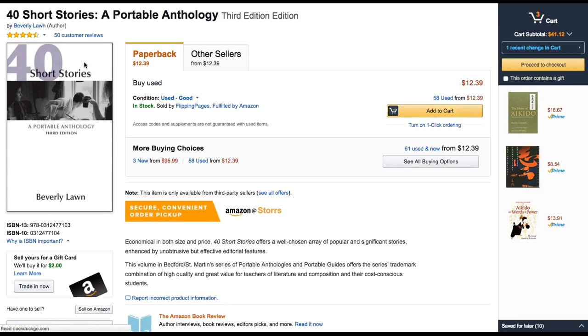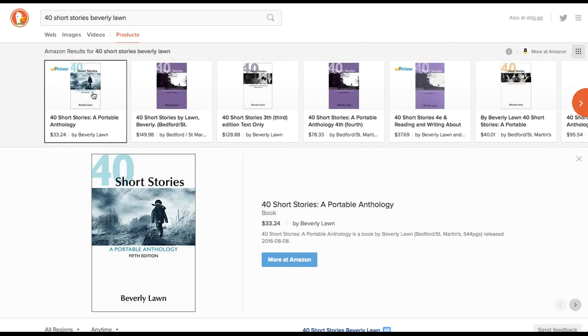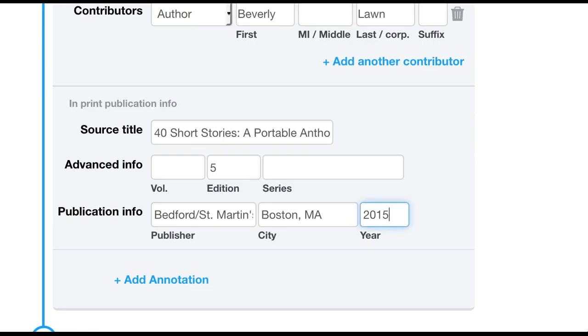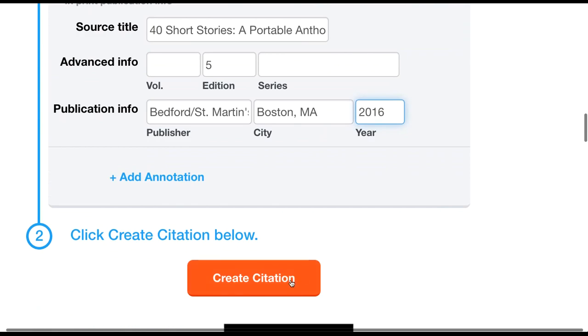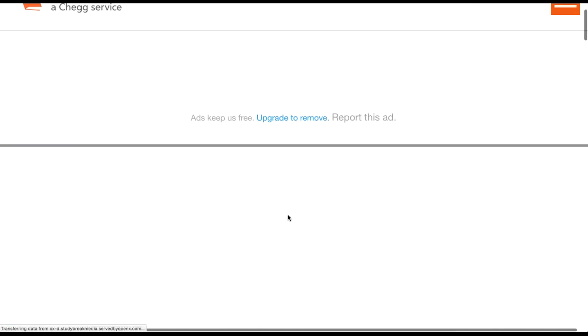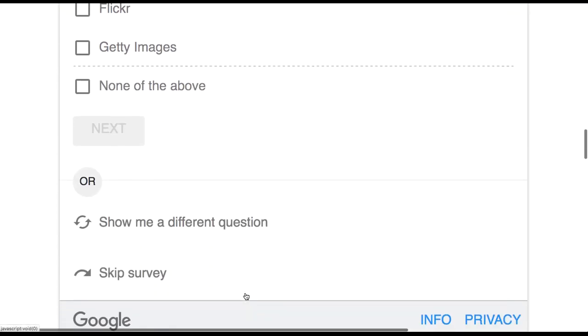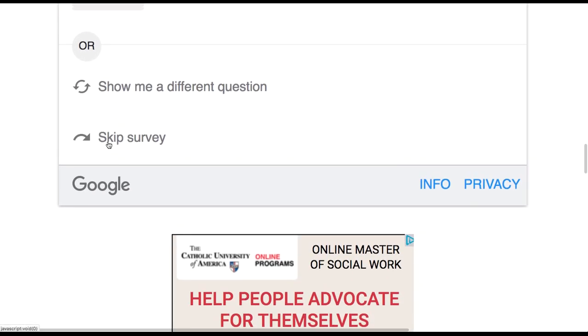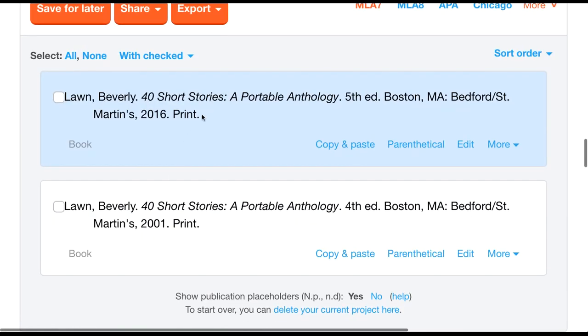That's not the one that we have. So this is the one that we have. Oh, so it's from 2016, and it is the 5th edition. So 2016 right here. And then we create the citation. Okay, so now we have the citation.